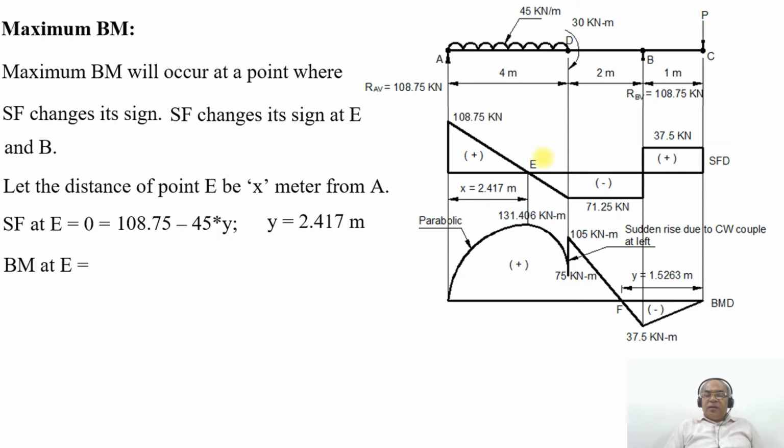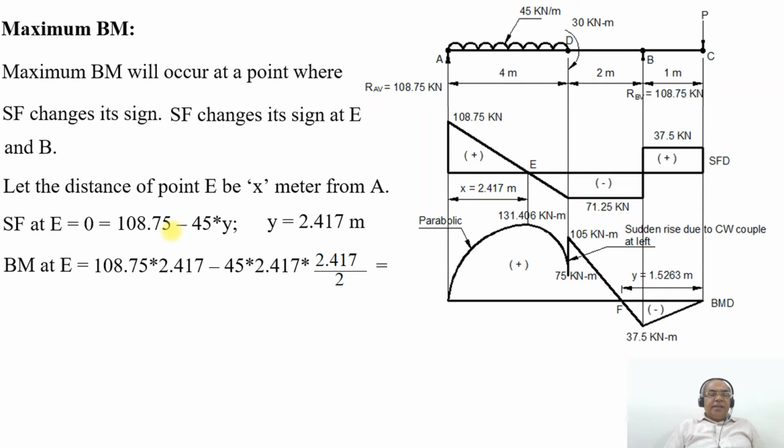And bending moment at the point E will be equal to 108.75 into Y minus 45 into Y squared by 2. You can take it as Y itself or X, both are one and the same. Here we have taken it as X. So 108.75 into X minus 45 into X into X by 2.